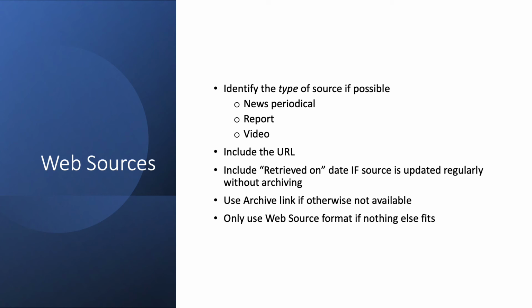If it has been archived and is no longer available on the standard website, use the archive link. That will not be the case very often, but just a note that if you need to use former web pages and you have those archived, you'll include that archive link instead of the original link where it was originally published. And again, you only use the web source format if nothing else fits and you found it on the open web.